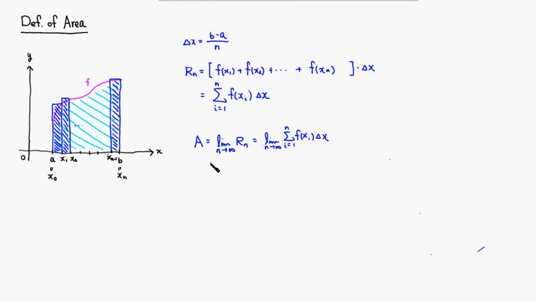We tend to use the right sum because the formula looks cleaner, but you can take the limit of the left sum, and you can take the limit of the midpoint sum, which I'm going to call Mn. They are going to be exactly the same. But the definition of the area is this one right here. That's it. I hope that this was clear.